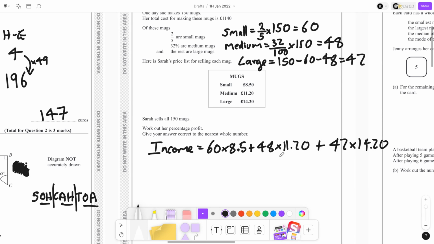Okay, we add those up. And we get an income of 1644, which means we've got a profit of 1644 minus the cost, which is 1140.